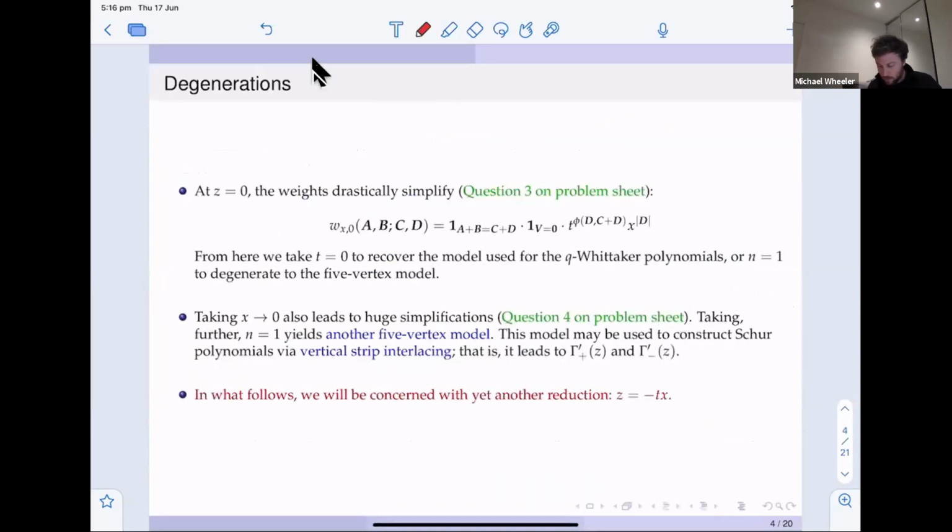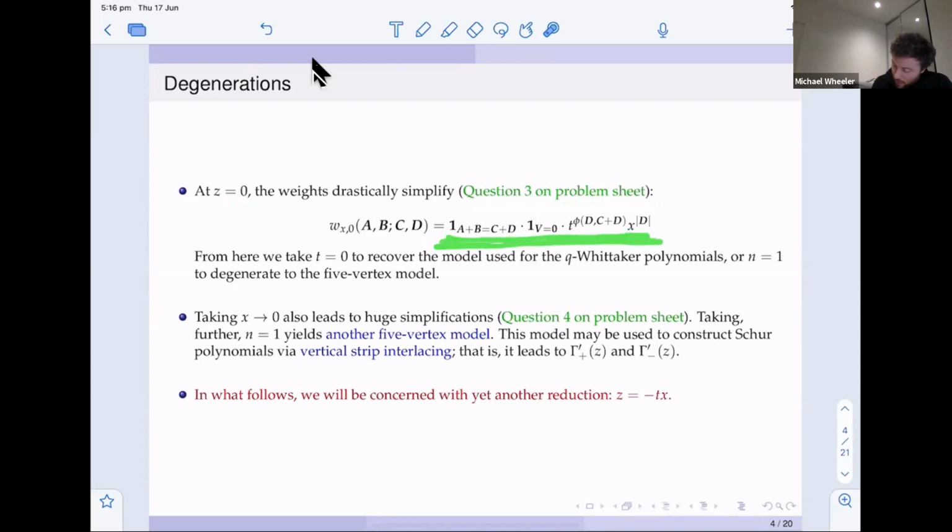All right, so now that we've written down the most general weights, let's say something about the degenerations of these weights. A couple of degenerations are of interest. The first one is you can set one of these parameters, say the Z, equal to 0. If you do that, then the weights will drastically simplify. This is going to be question 3 on the problem sheets, so when the problem sheet is posted, you'll be able to do this exercise. It's just an explicit computation, and you find that in that case you get this.